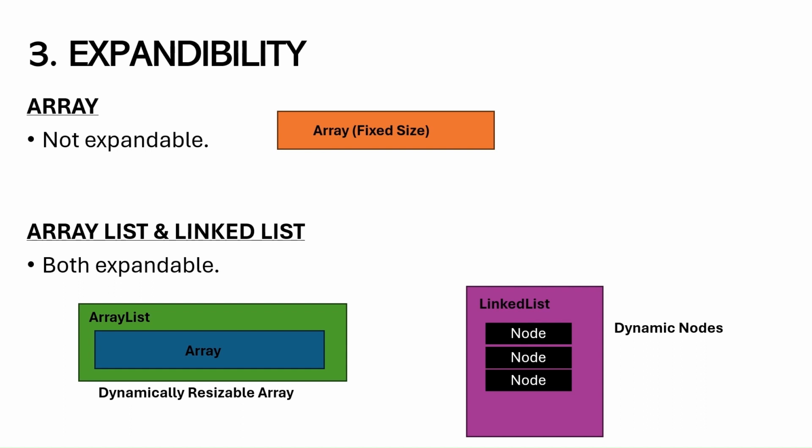Choosing the right data structures often comes down to understanding how your data might evolve over time. So, as you embark on your coding adventures, consider the expandability factor. It could be a game changer in ensuring your code remains efficient and scalable.